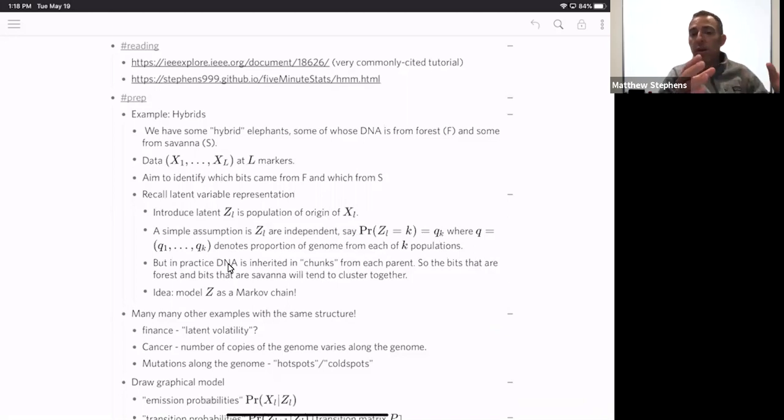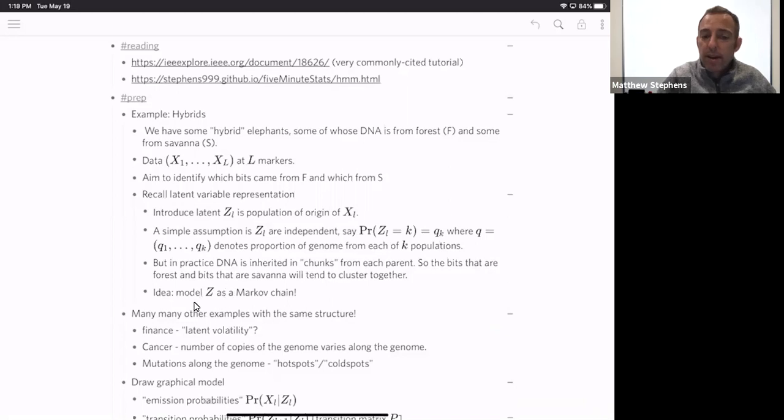So you'll get a savanna chunk, then a forest chunk, and then a savanna chunk. You don't know exactly how long these chunks are or where they are. That's what you want to try and infer from the data. So in other words, the Z's, these latent variables, are not independent. If at the position before you had savanna DNA, then at this position you're more likely to have savanna DNA.